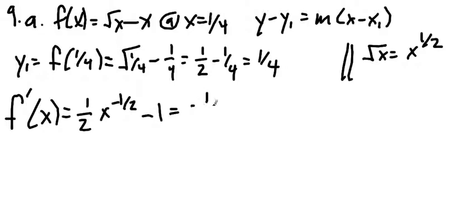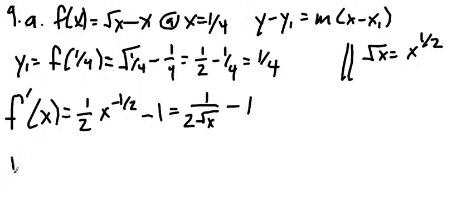And let me just rewrite this as a root. X to the minus 1/2, I can put that into the denominator and get x to the 1/2, because the negative exponent literally means that. But x to the 1/2 means the square root of x. So I'll just rewrite that as 1/(2 root x) minus 1.